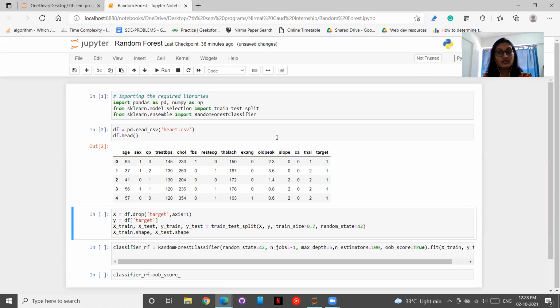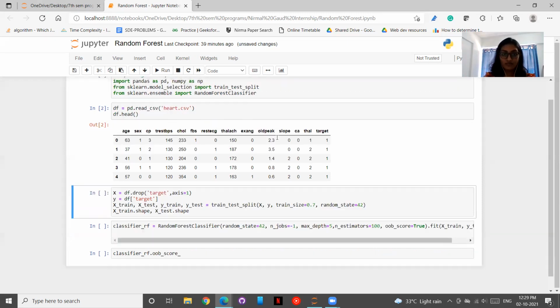Now, there are various attributes that you are able to see over here. CP is chest pain and it has 4 different values. Thereafter, we have resting blood pressure, then serum cholesterol, then fasting blood sugar, then resting electrocardiographic results and various other features that are required for predicting heart disease, right?